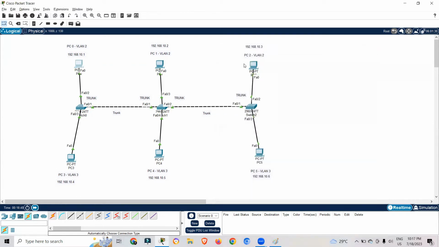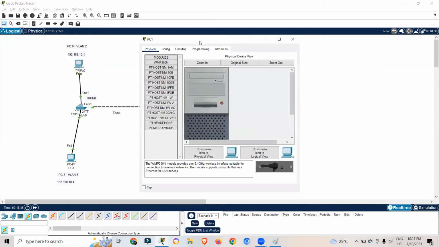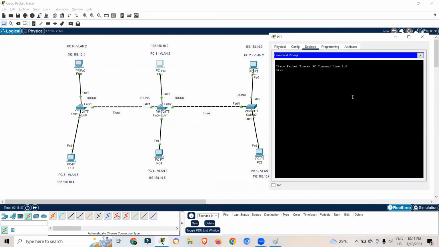Let me try to ping these two PCs also. Ping 192.168.10.3. So these are not pinging.